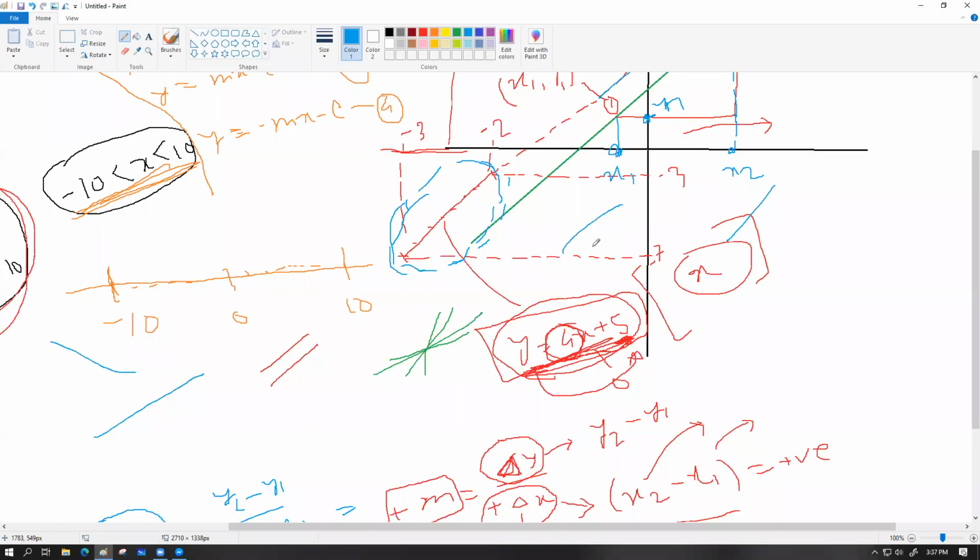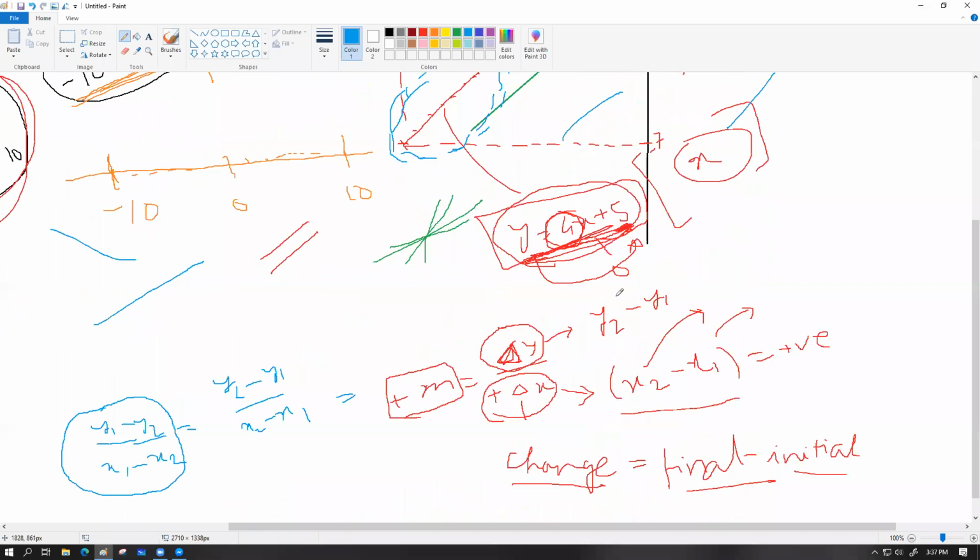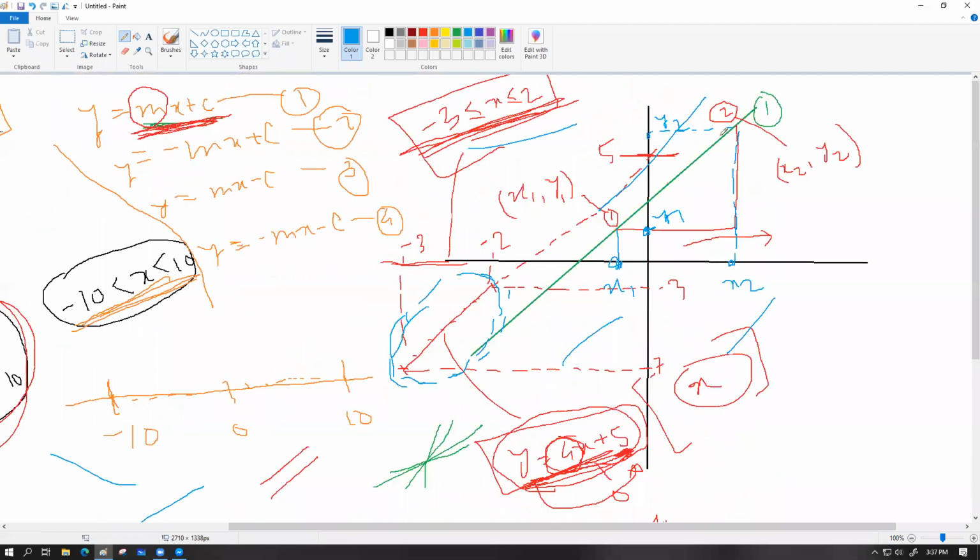Yes, sir. I need to understand the x2 minus x1 part. Yes. Delta x means the change. Change means final minus initial. The definition tells you that as x value increases, you have to always start from the smaller x value to the higher x value. That's what we mean by increase. So if you look at this graph over here, this was your first point, this was your second point.